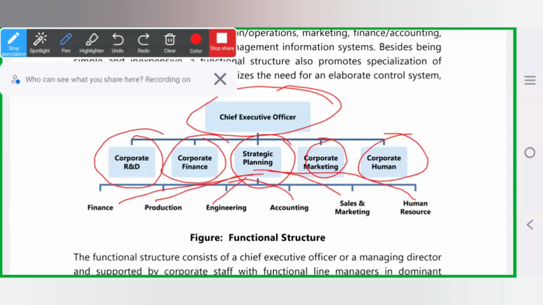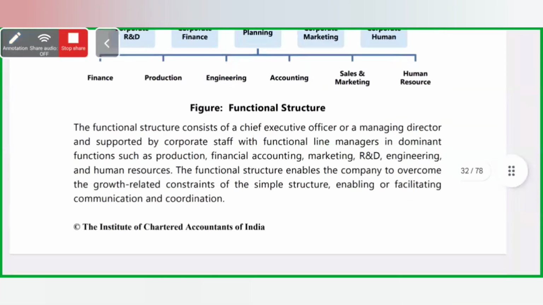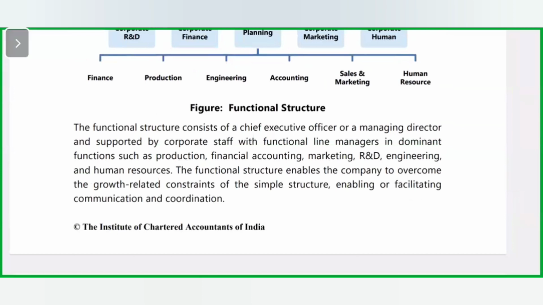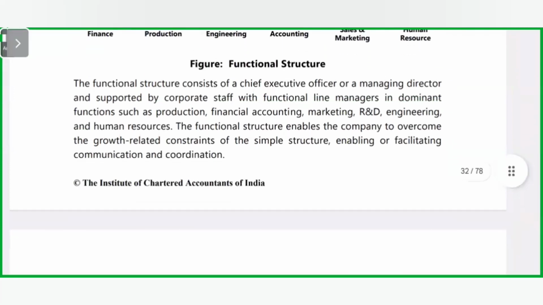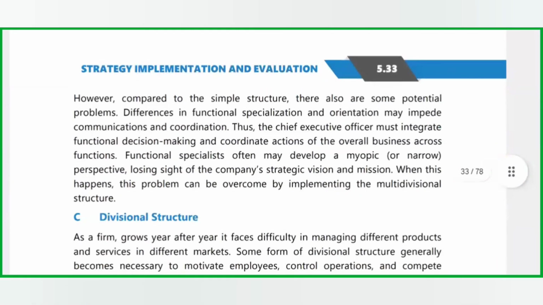Are you clear with the second one? Yes, ma'am. Okay. The same thing which I explained in the chart is given in the text below. There is a chief executive officer, and there are different functional areas such as production, finance, accounting, marketing, engineering, and human resources. However, there are also some problems in functional structures.